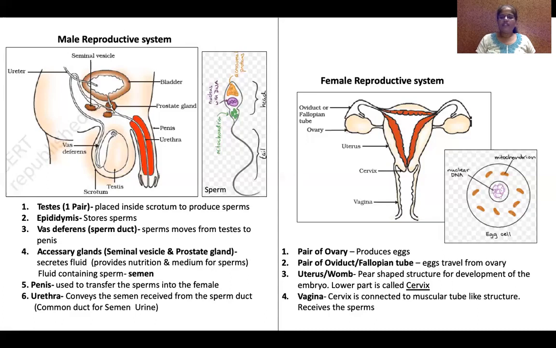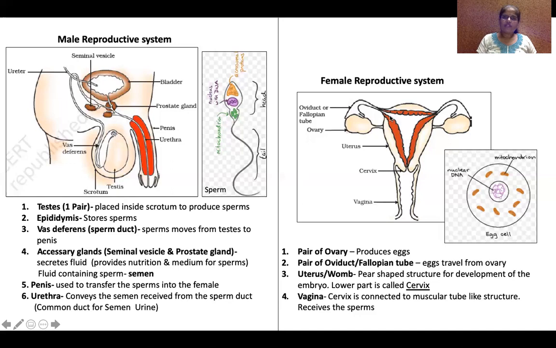These are the details of the structure of the male reproductive system and the female reproductive system. Here I told you, once the sperm comes in contact with the egg, fertilization takes place. Okay, what if fertilization does not take place?